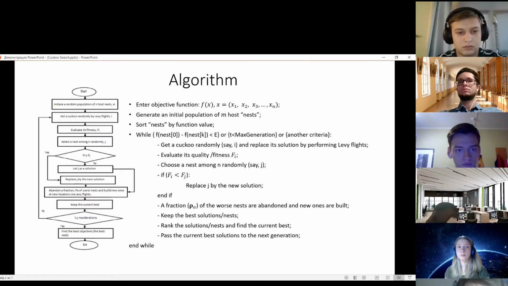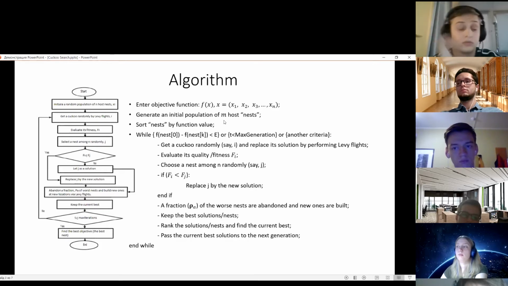Here you can see the algorithm. The algorithm of cuckoo search can be divided into several steps. First step is initialization. There we initialize our objective function and first generation of host nests.